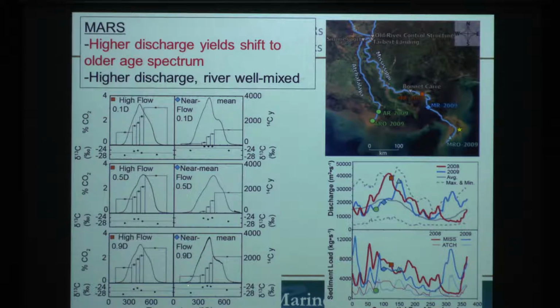The amount of sediment in a river increases as a power function with the water discharge of a river. So this is a fairly important finding. However, you'll notice that the age axis here is not nearly as big as it was in the small mountainous rivers where we had ages up to 30,000 years.